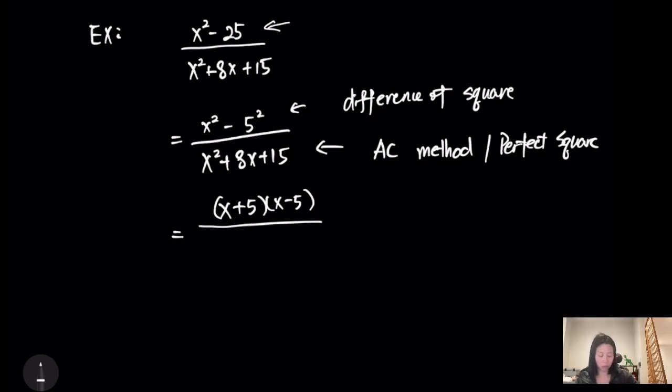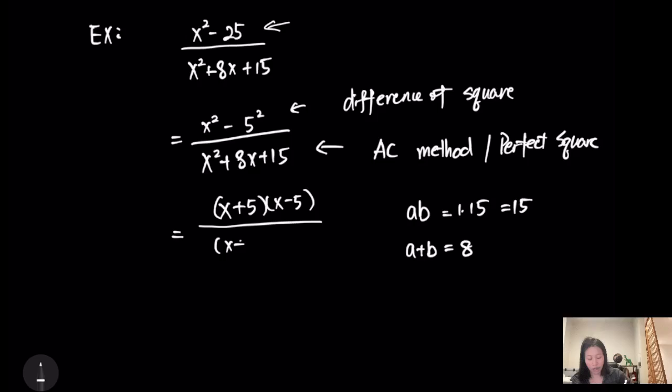We want two numbers, let's say A and B, whose product is equal to 1 times 15, which is 15. And then we want these two numbers' sum to equal B, which is 8. So these two numbers should be 5 and 3.